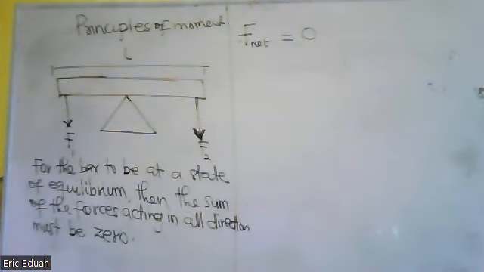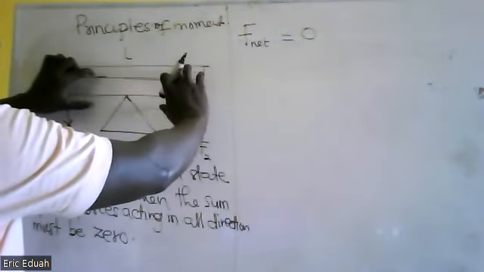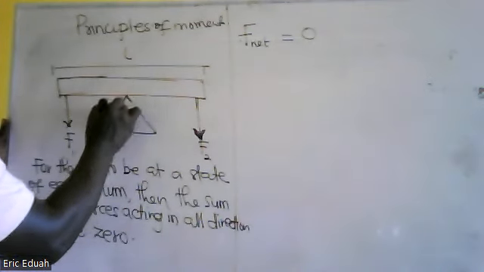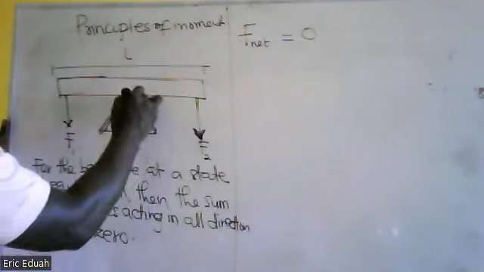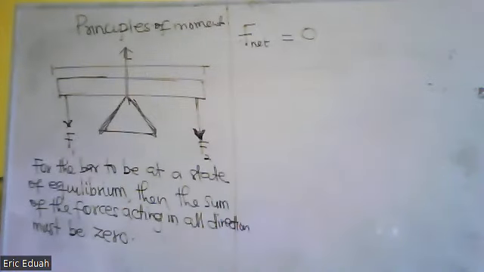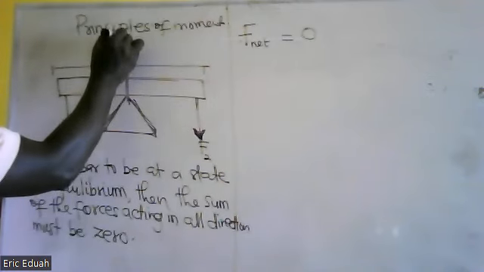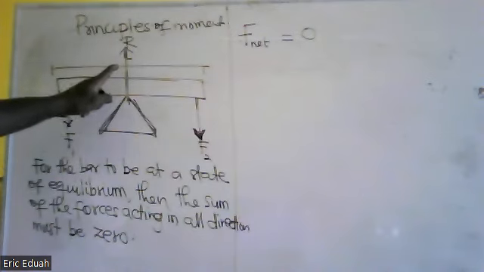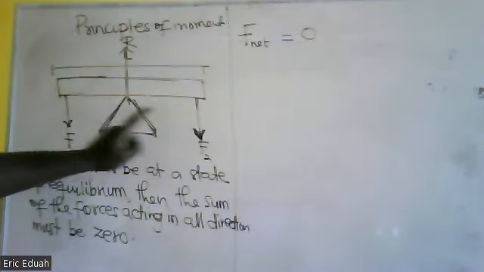Now, for this to be stationary, to be at rest, not moving vertically, the pivot, the knife edge on which the bar rests, would have to produce a force in the opposite direction to balance these two forces. So this is what we term a reactional force. The pivot would have to produce a reactional force R in the opposite direction of the two forces to balance them.